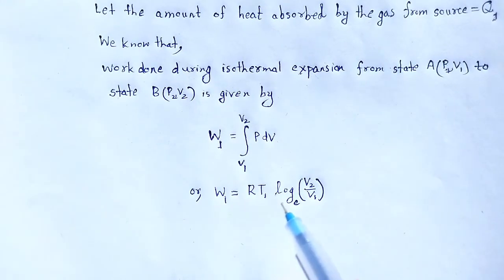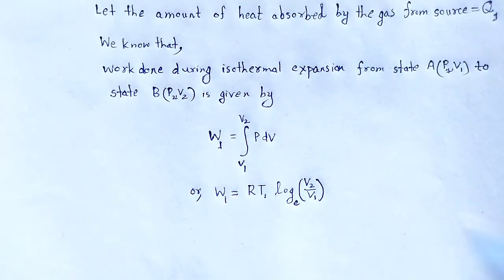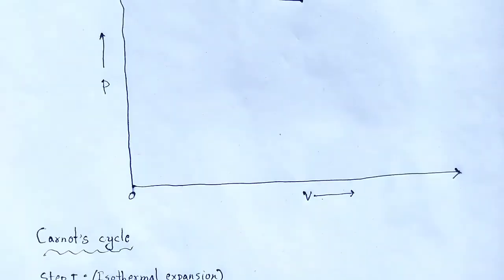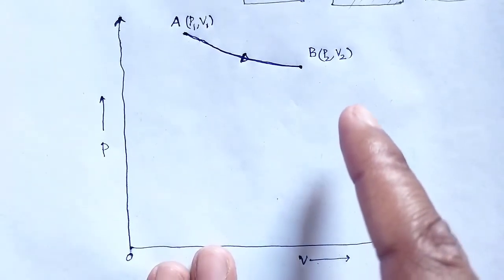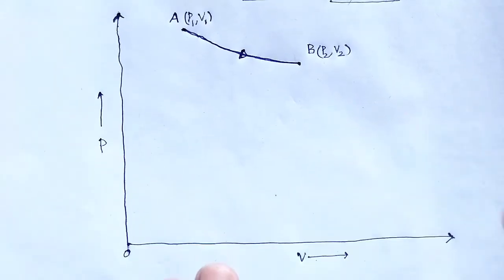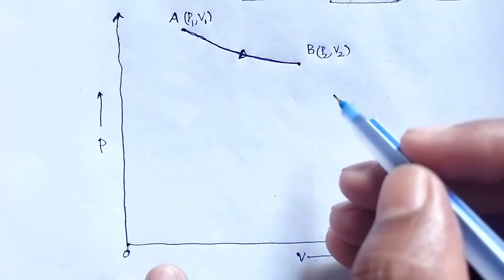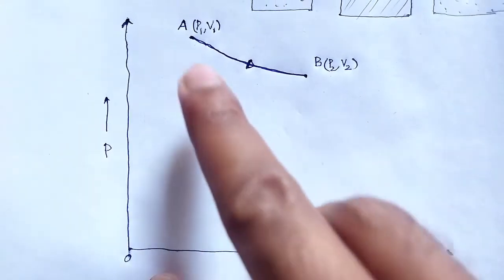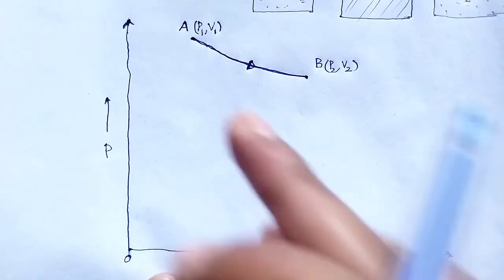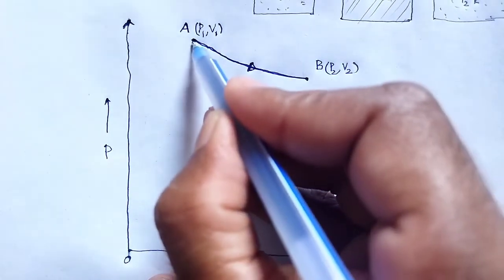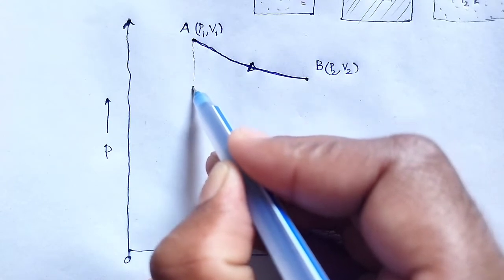So that amount of work done can be easily understood with the help of the PV diagram. Here in the diagram, the work done will be the area under the curve AB. So the area under the curve AB, let me draw the strip here.